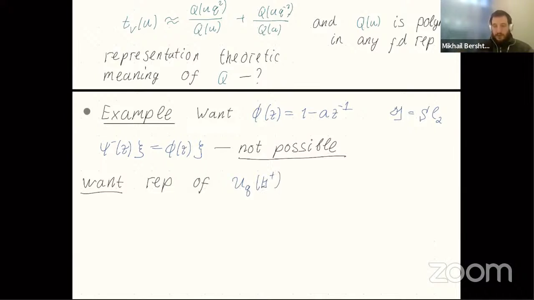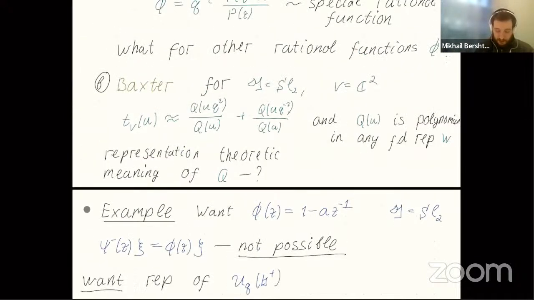So this will be a representation not of the whole quantum group, but only of its Borel subalgebra.